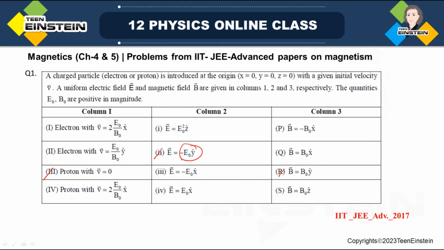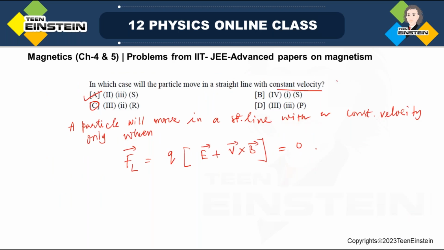But it is acted upon by an electric force, so there will be acceleration, and there will be no constant velocity. That's why the most appropriate is option 1.